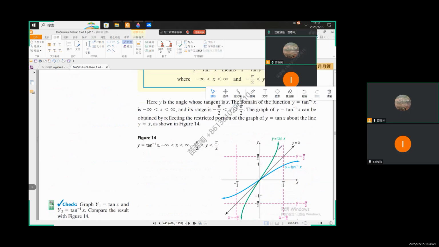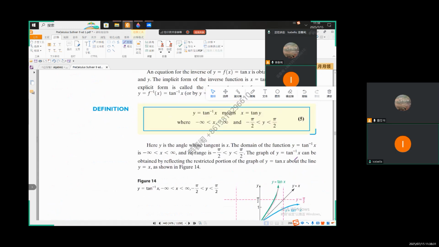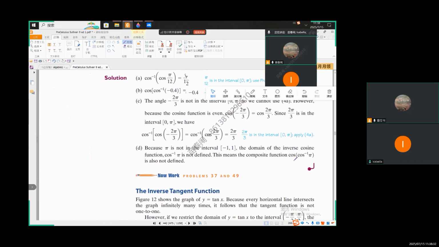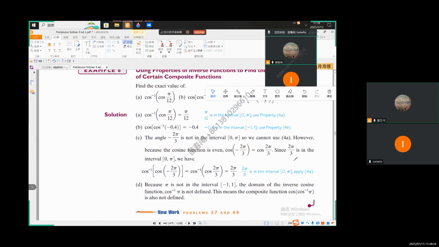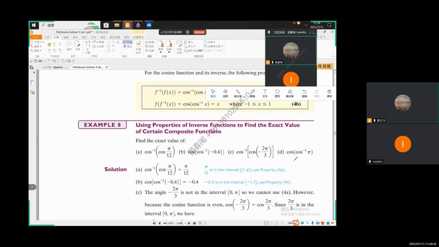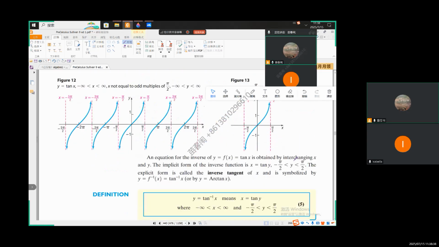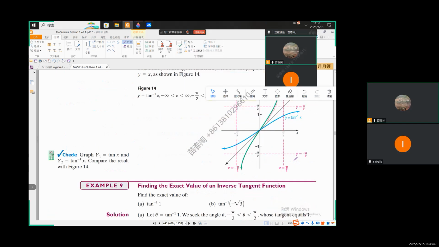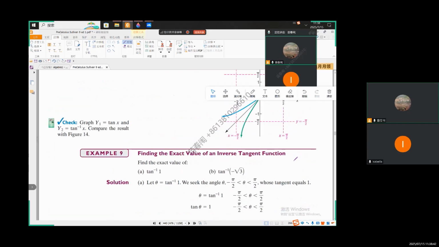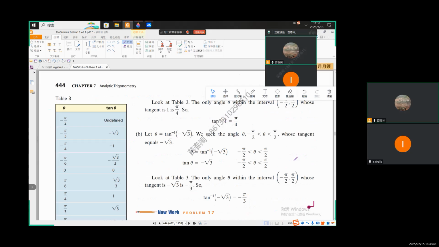There's also 2 more minutes of class. Should you be assigned the last of the homework? We did the inverse cos and sine, and maybe not inverse tan, right? Okay, just inverse sine.